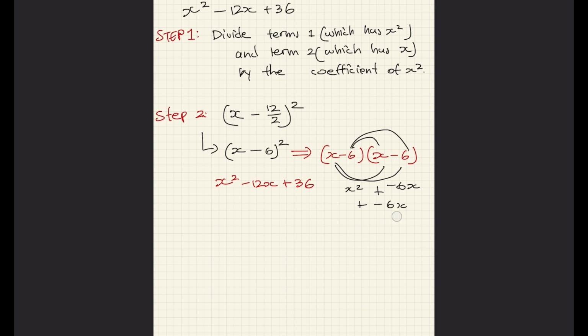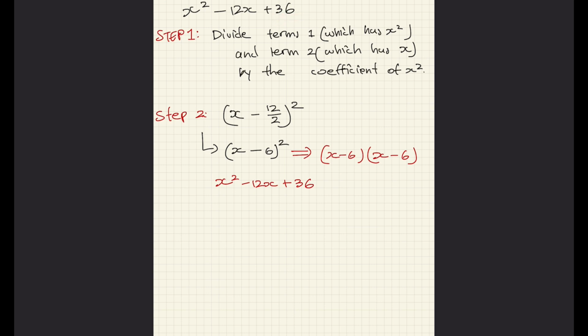Now, we've been quite lucky with this question because this question equates to a perfect square, because x minus 6 squared gives us this exact term. But there's a way to prove this. So, x minus 6, let's say the last term wasn't 36.